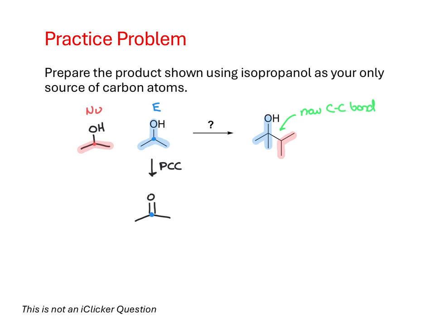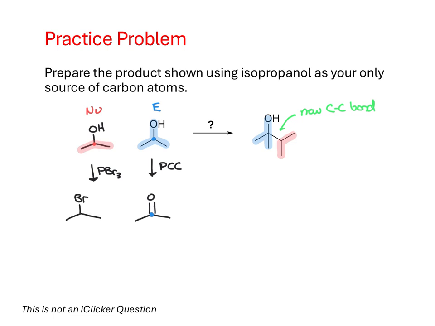Now, how can we make the other one into a nucleophile? Let's make it into a Grignard reagent, or an organolithium compound. So first we have to have an organohalide. So what I'll do first is use PBr3 to convert that to the organobromide.